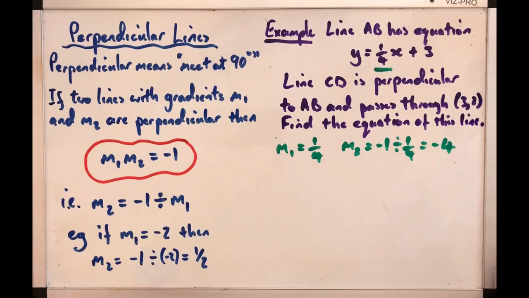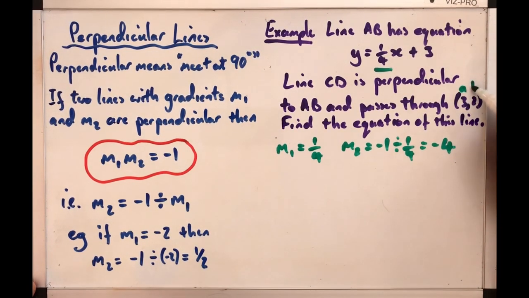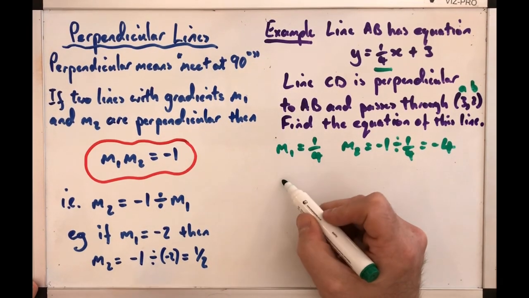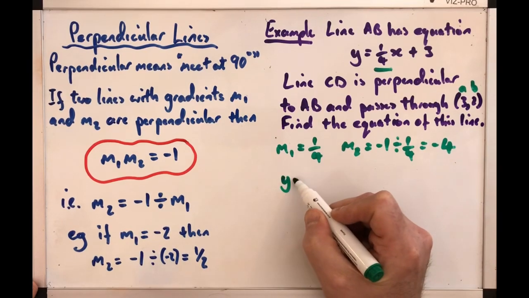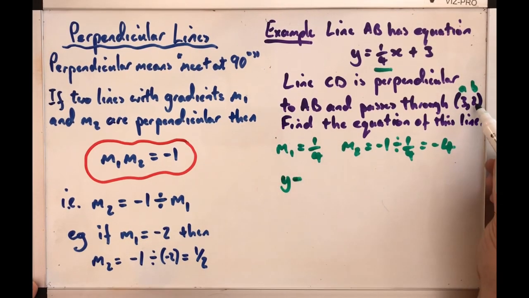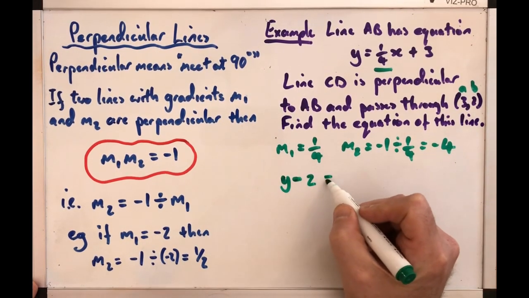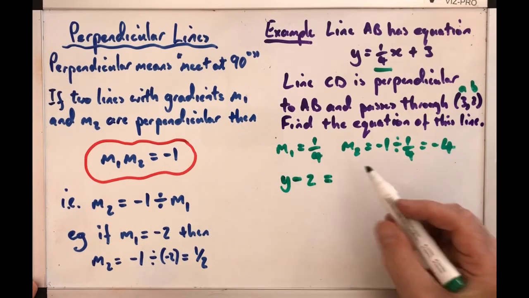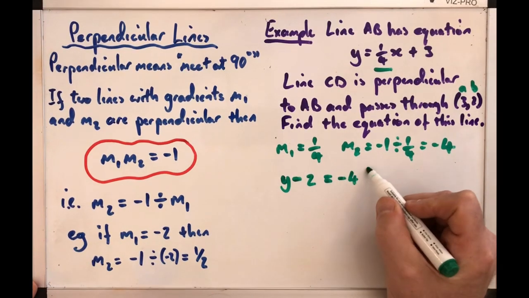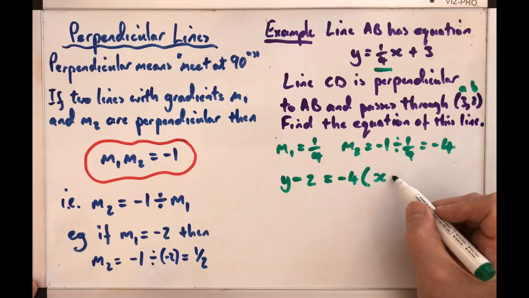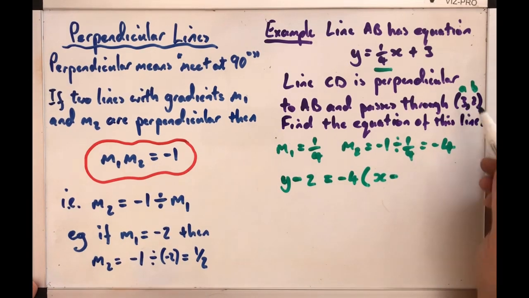We want to find the equation of this line. We know that's going to be a, that's going to be b, because that's the point it goes through, (3, 2). So we can use y minus b, which is 2, equals the gradient, which is -4, times x minus a, and a is 3.